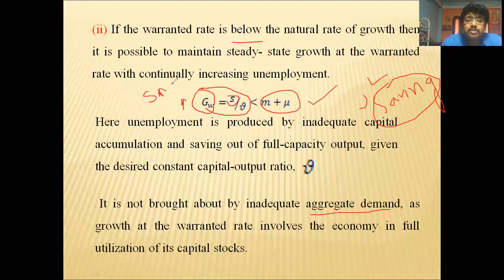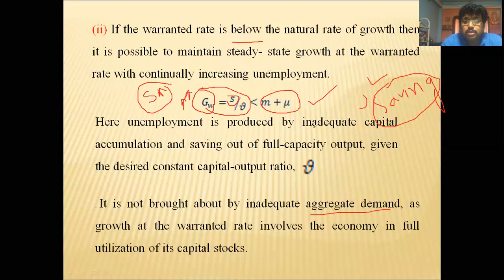If savings is increased, and it can be done by introducing a higher tax rate, or increasing private savings, or reducing government expenditure. And now if you look at the capital-labor ratio, by decreasing the capital-labor ratio, you can also increase the warranted rate of growth.